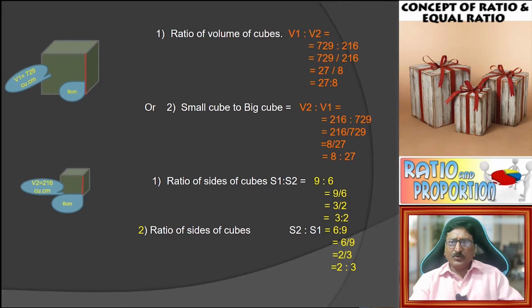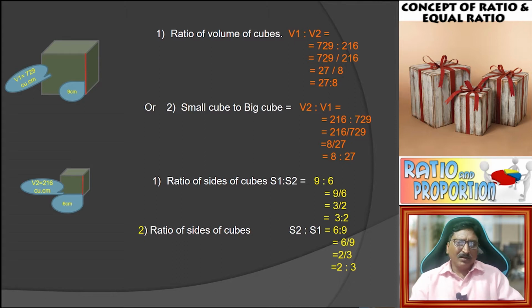Ratio of volume of cubes, that's V1 is to V2. Put the values. 729 is to 216. Write in the form of a fraction. Reduce them by dividing by the common number, and we will get the last value 27 upon 8, and the ratio of volume of first cube with the second cube is 27 is to 8.